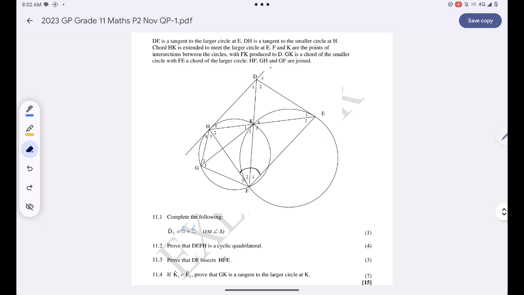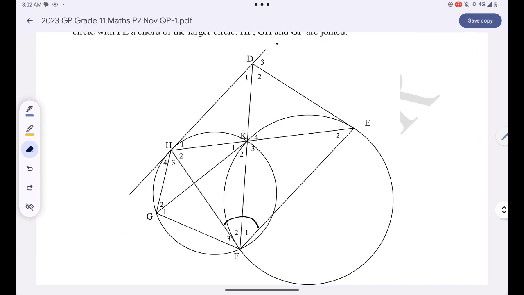Okay, how can we do that? Let me check. I've proven that these two are the same, ne? Okay, what else do you know?